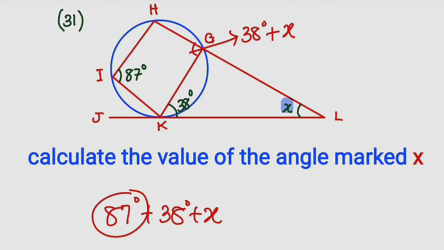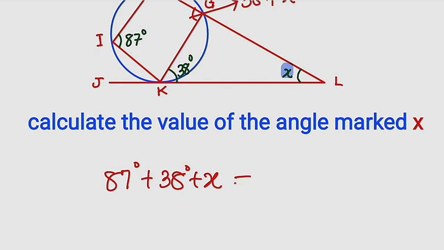This must give us what? 180 degrees. And if you add 87 and 38 together, you're going to get 125. So this is 125 degrees plus x equals 180 degrees.